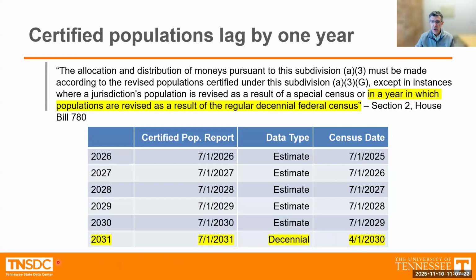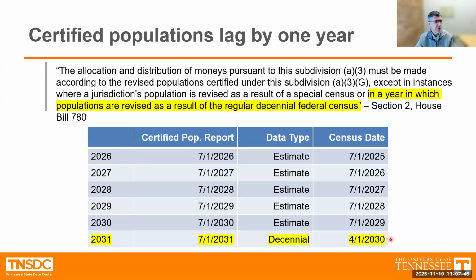So in 2031, there'll be a certified population report released on July 1, 2031, and it will contain results of the decennial census. That means on July 1st, 2031, we'll be reporting population for April 1st, 2030.